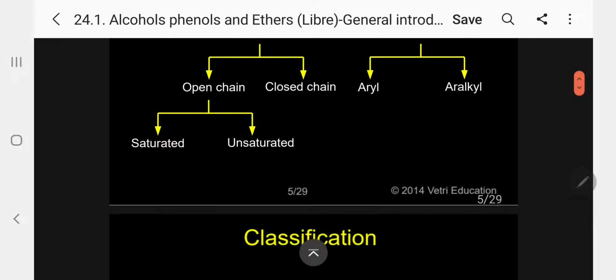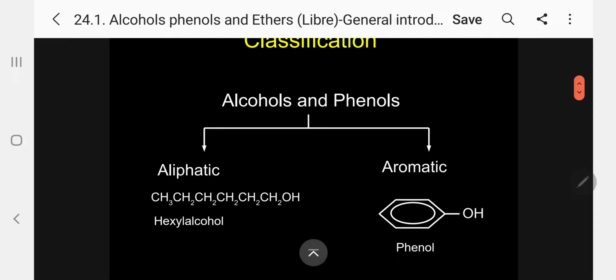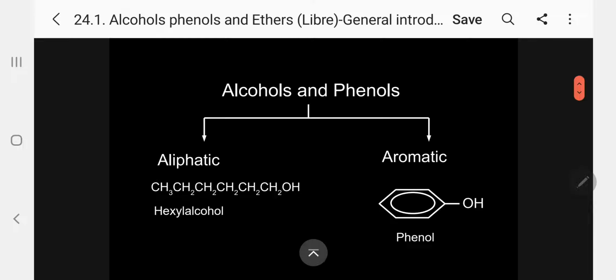Let me go over each in detail. Coming to alcohol and phenol, an aliphatic alcohol example is hexyl alcohol, or IUPAC hexan-1-ol, 1-hexanol. Here the aromatic one, phenol, is the IUPAC name.